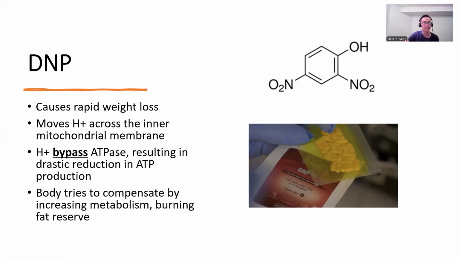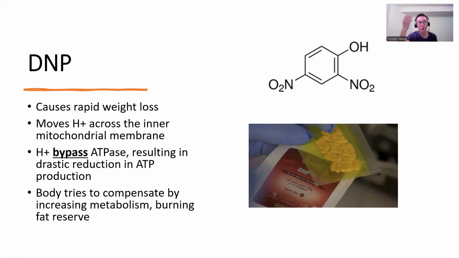DNP is something that was originally used as a photographic chemical, as well as in manufacturing fertilizer and dye and that kind of stuff. It's not meant for consumption, all right? But there was an accidental ingestion by one of the workers who worked at these plants, and he reported rapid weight loss afterwards.